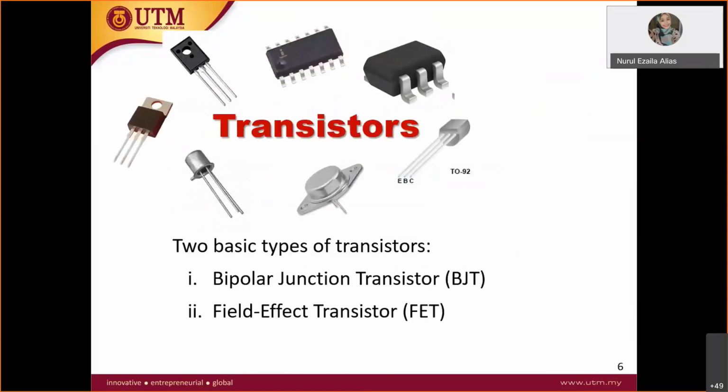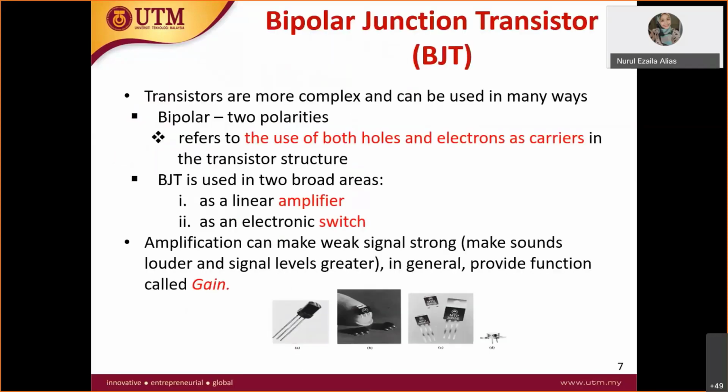So these are the transistor types. We have two basic types of transistor. Number one is BJT. Number two is FET, which will be in the next chapter. BJT is more complex. Why? BJT actually has two junctions.